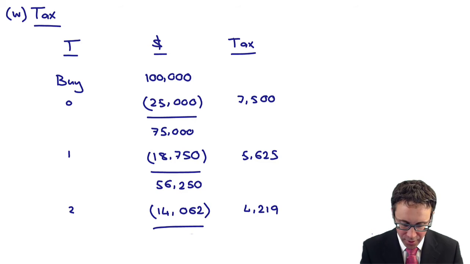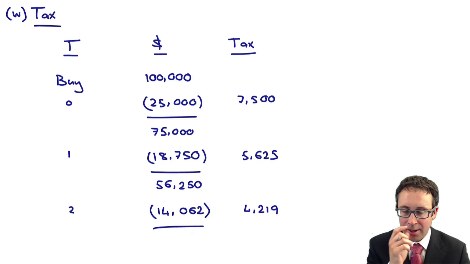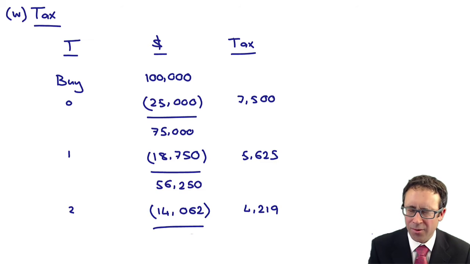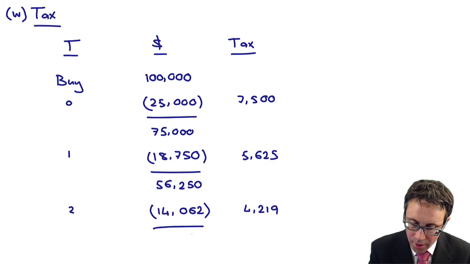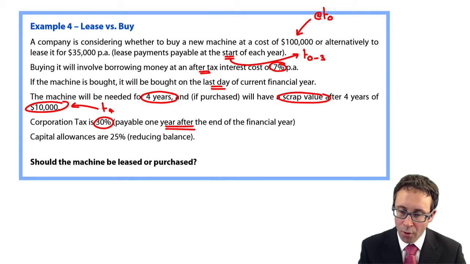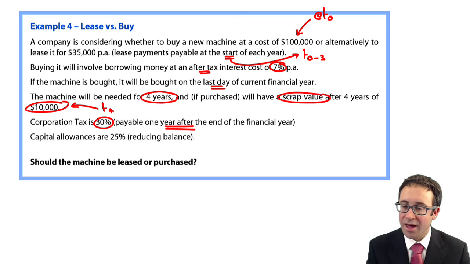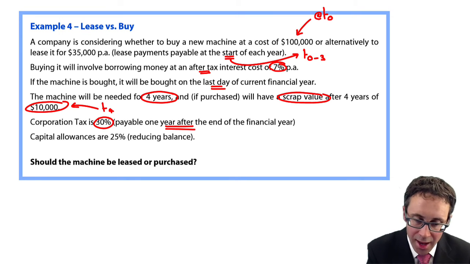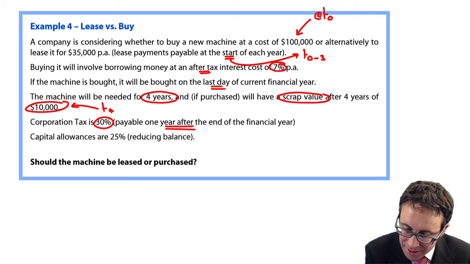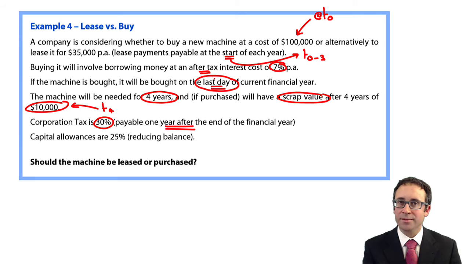Because when we go through and look at it, you buy the asset in T0. In the question, it said that we bought the asset for $100,000, bought at T0 on the last day of the current financial year.